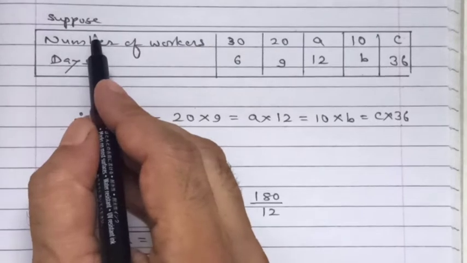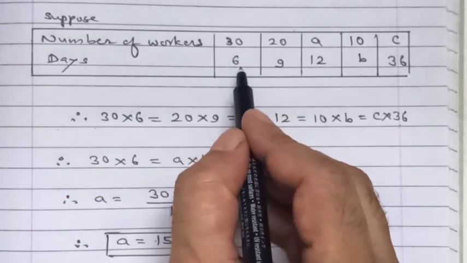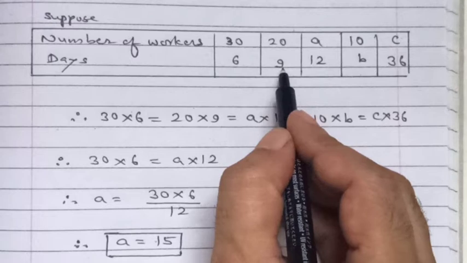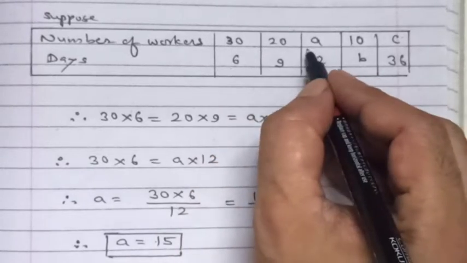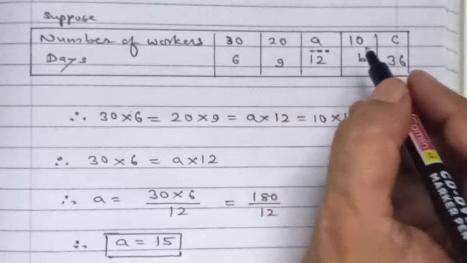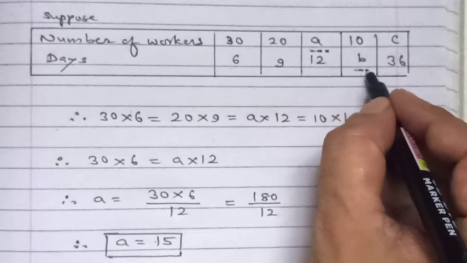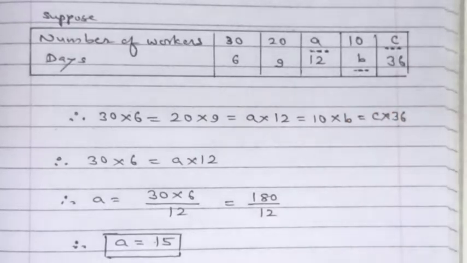Now, for the number of workers and days: with 30 workers, it is 6 days, as given. When workers are 20, days are 9, again given. But the number of workers is not given when days are 12, so we'll assume it as A. Same way, when workers are 10, days are not given, assume it as B. And when days are 36, the number of workers is C. As told earlier, the product of each pair is constant.